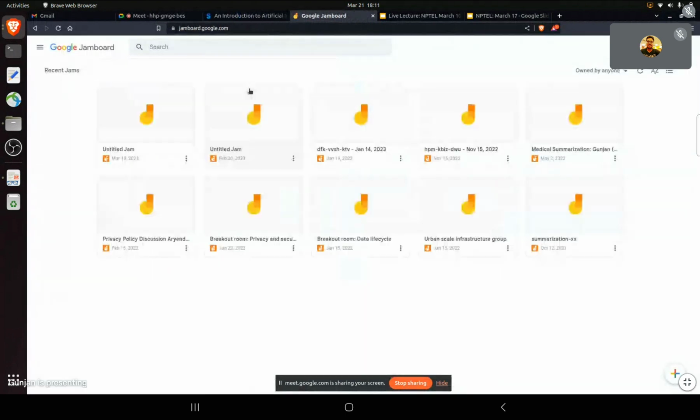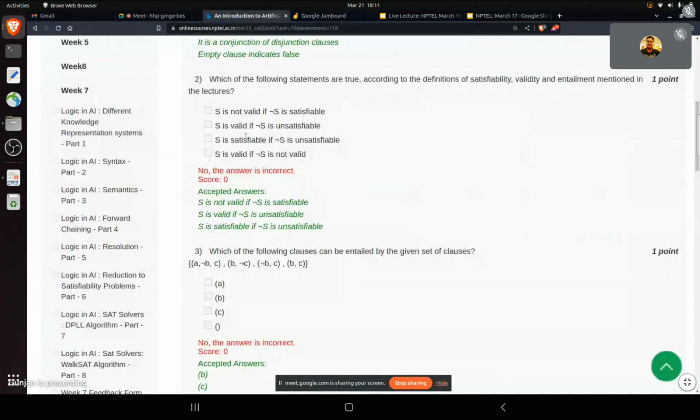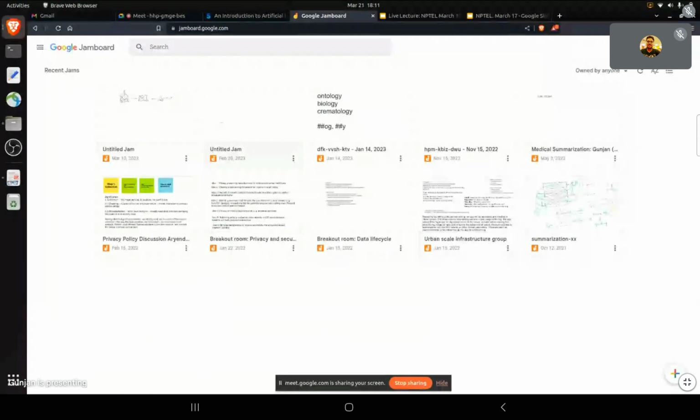If S is true for all worlds, it definitely implies that S is true for some world. If S is true for some world, that means it is satisfiable, right? You can think of satisfiable as the inner set and valid as the outer set, which eats up the entire thing.